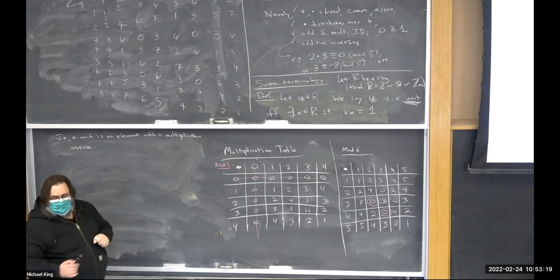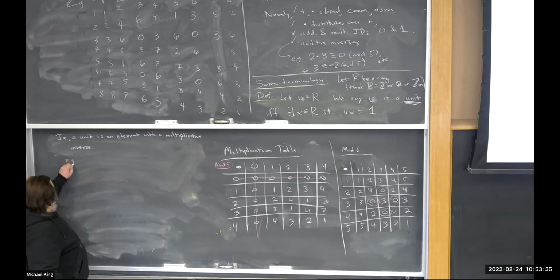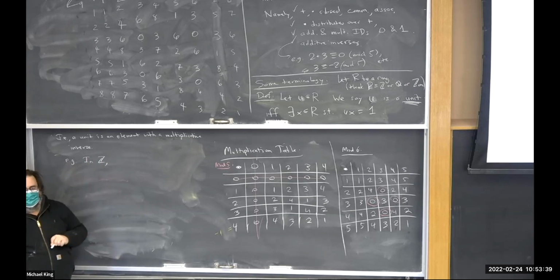So for example, in the integers, which integers have multiplicative inverses? Which integers can I pick to satisfy the equation ux equals 1? Only a couple.